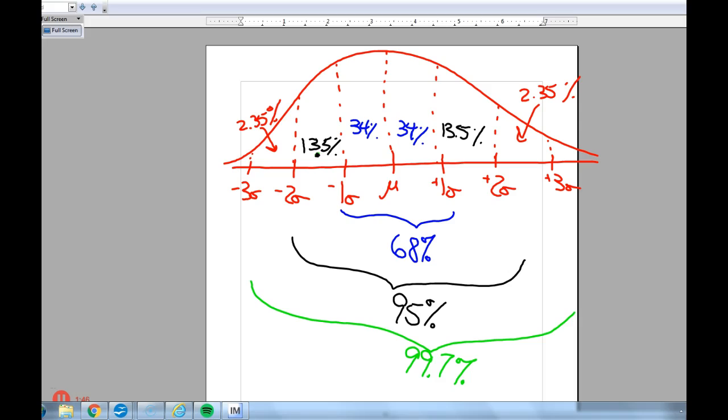And then this little tiny guy over here, so the 99.7 covers up to 3 standard deviations, but we didn't get to 100% yet, right? This has to represent 100% of the data. We've only represented 99.7%, so what's left? 0.3%, right? And if we split that, that means this part over here is 0.15%, and this part over here is 0.15%.